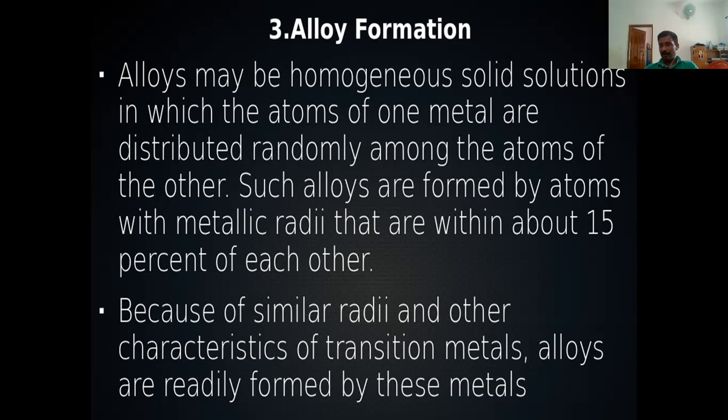So their radii are almost in this region. That means there is no considerable difference. Therefore, the metals can form alloys very easily. As the beginning, we can discuss these 3 properties today. Okay, we can discuss more properties in the next class.